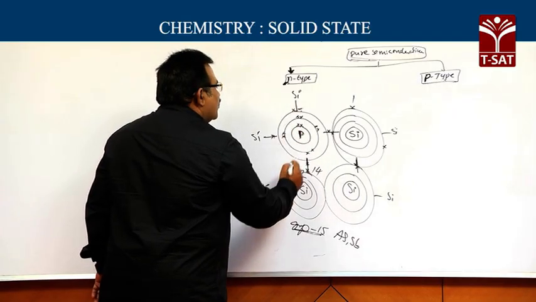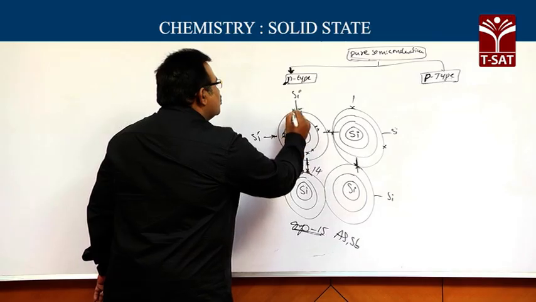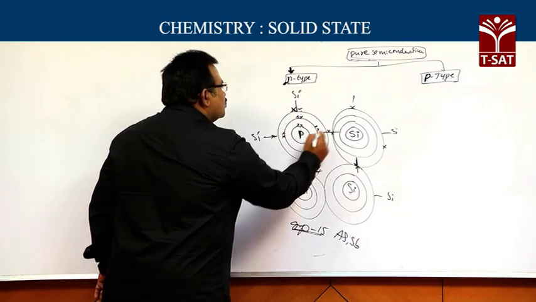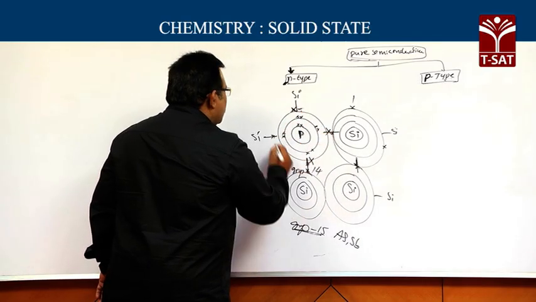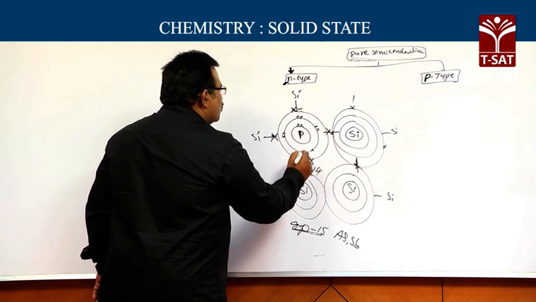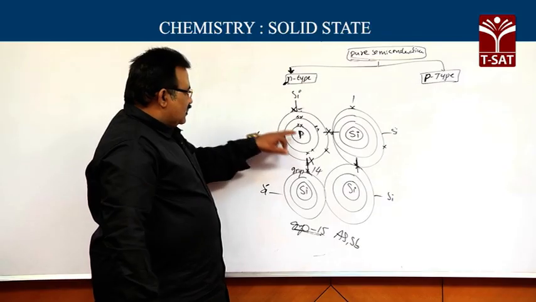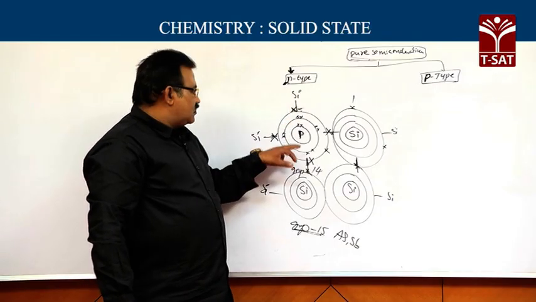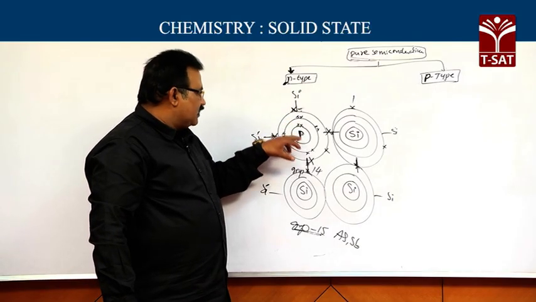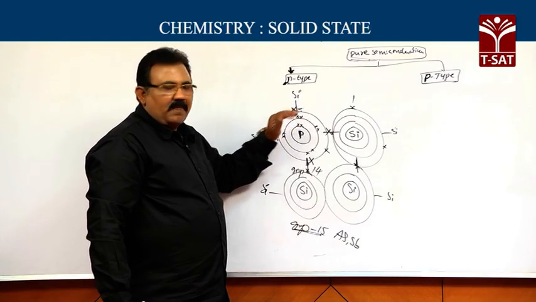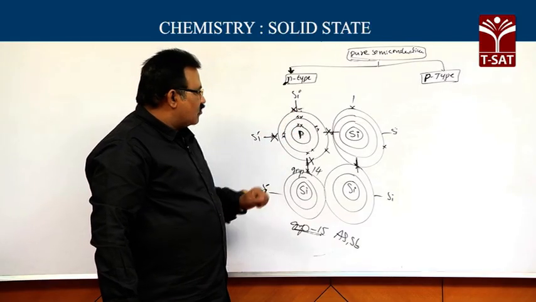How many valence electrons does P have? P has 1, 2, 3, 4 and 5. Silicon has 4 valence electrons and group 15 elements have 5 valence electrons.